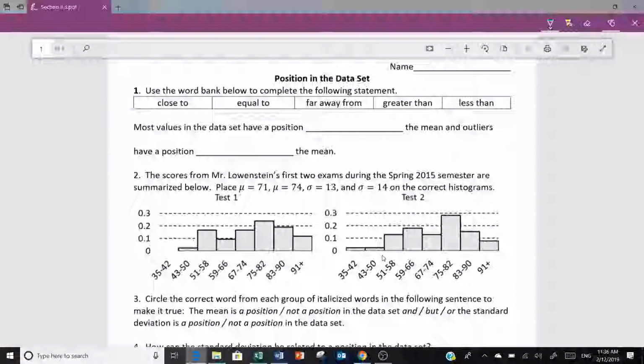Now, for the most part, most of the data is going to fall where in the data set?